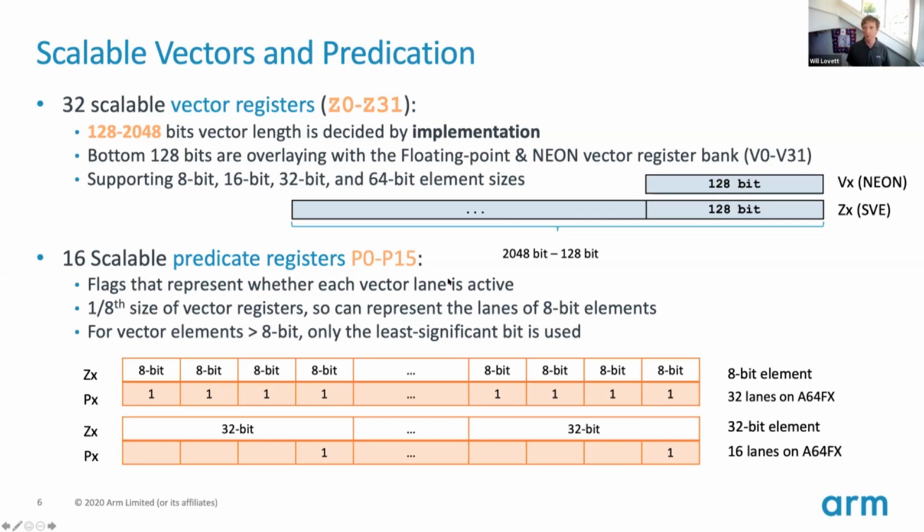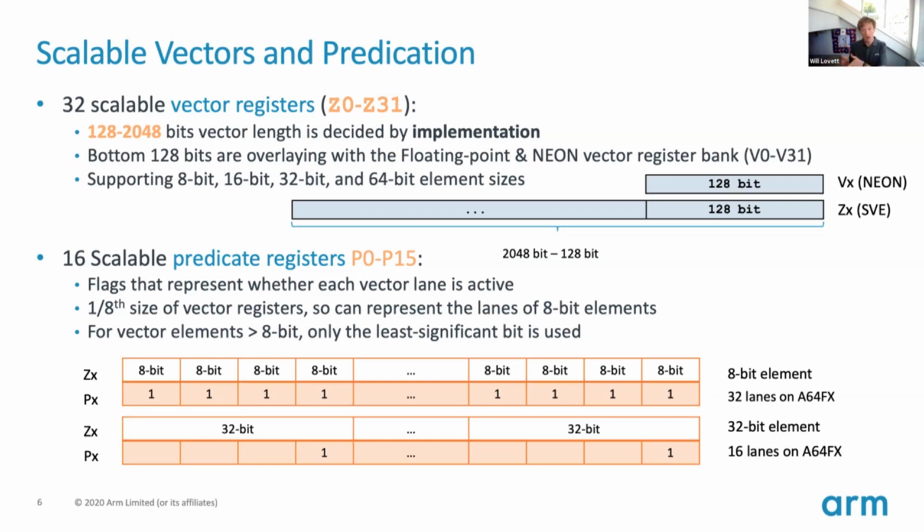And then the second concept we need to know about is predicate registers. So it's a vector architecture extension, and it's also a fully predicated extension. And so we have predicate registers, which it's easiest to think of as representing individual lanes within your vector. And the width of those lanes, of course, will vary based on your data type.